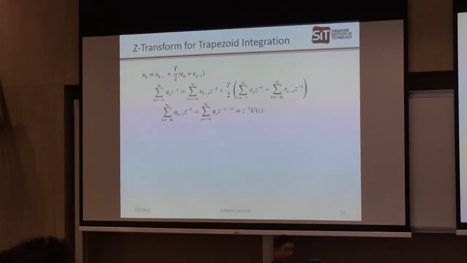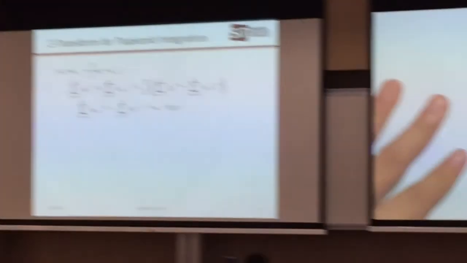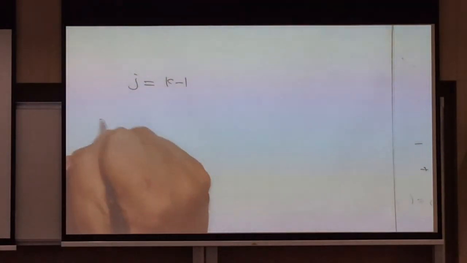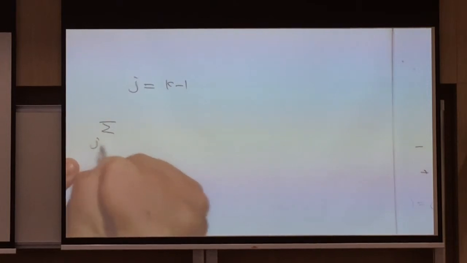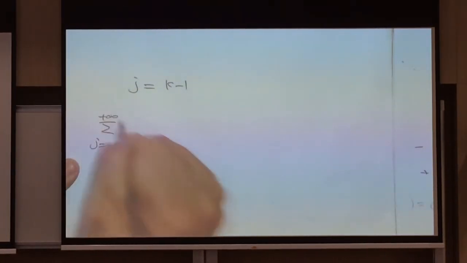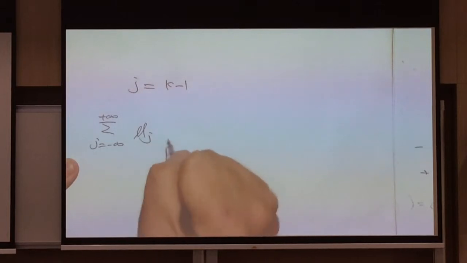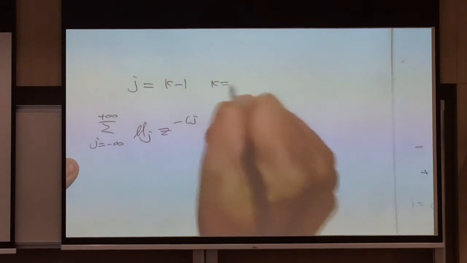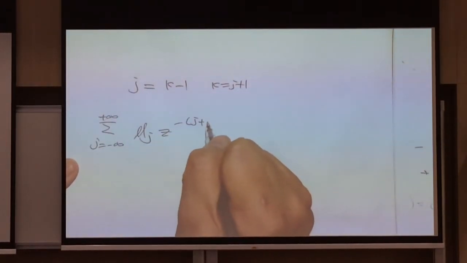Here I take j as k minus 1, which is a very simple mathematical substitution. So if I take j as k minus 1, this one becomes sigma summation over j from most negative to most positive. I have u(j) z power minus j, because now your k becomes j plus 1, right? So clearly j plus 1.